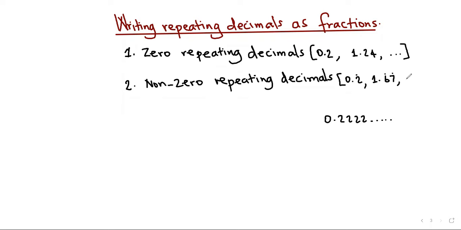We can have, let's say, like 0.456, implying that 456 is repeating endlessly. So these are some examples of non-zero repeating decimals.